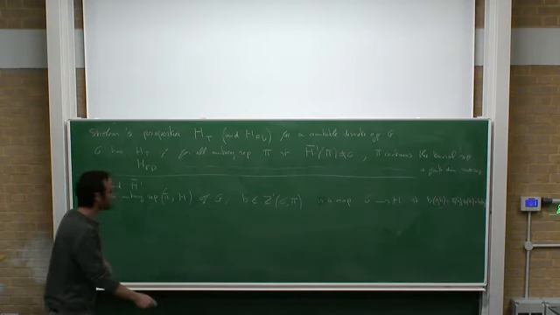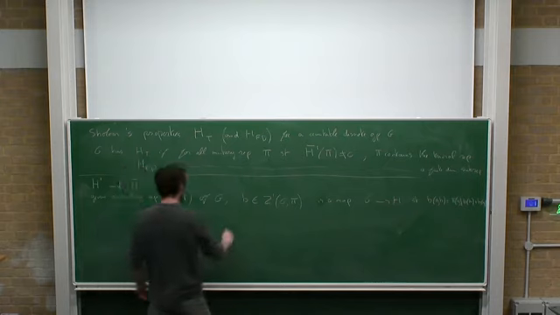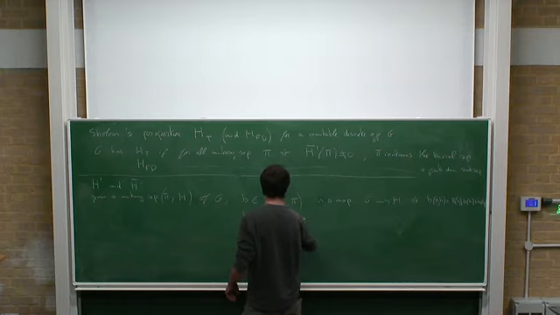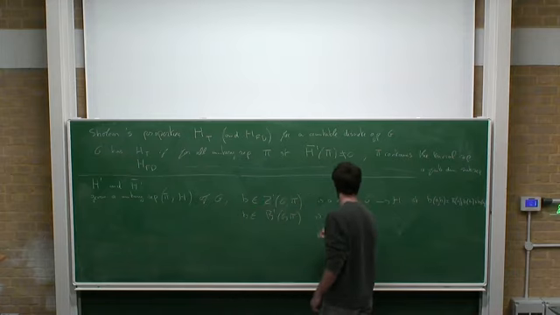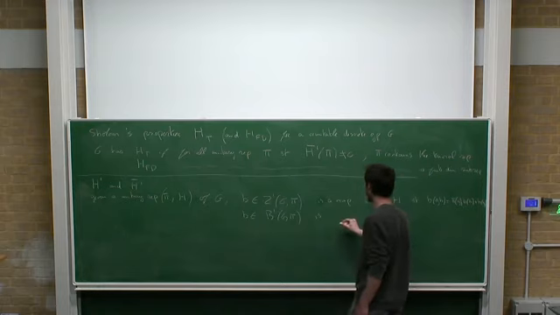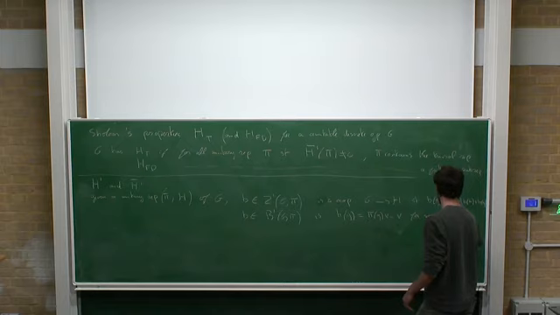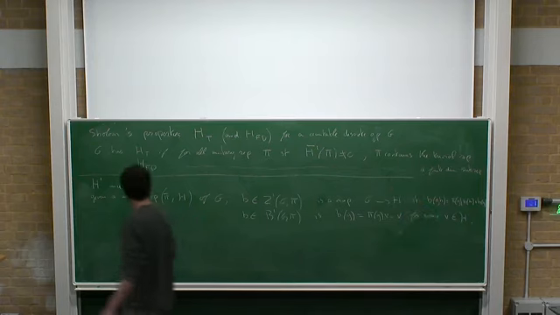So this is a cocycle. A coboundary is a cocycle of a very specific form. Here is the definition of a coboundary.